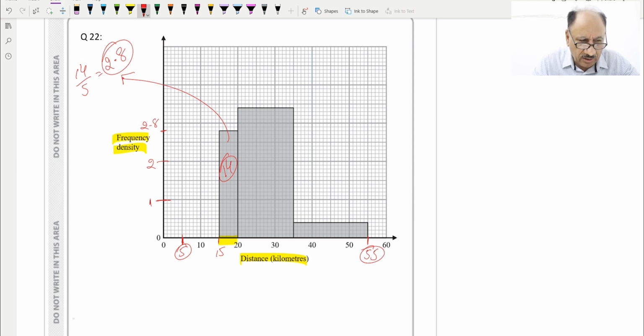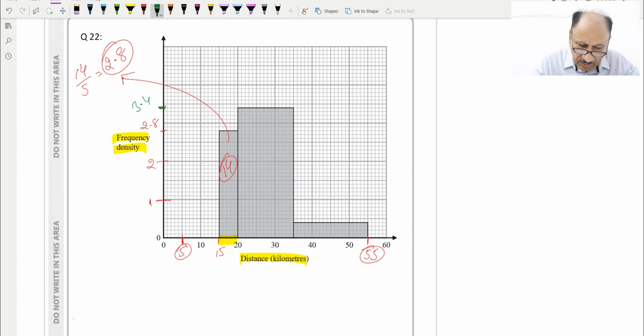Hopefully you are understanding this. Now similarly, after calculating this height, we can figure out this height will be 3.4. I will change the color.